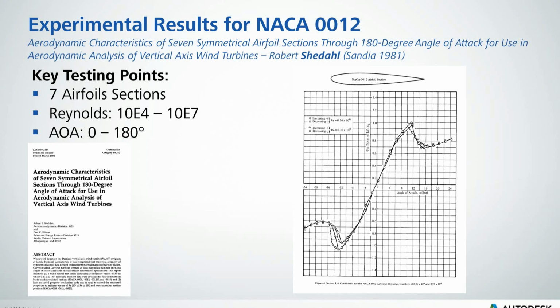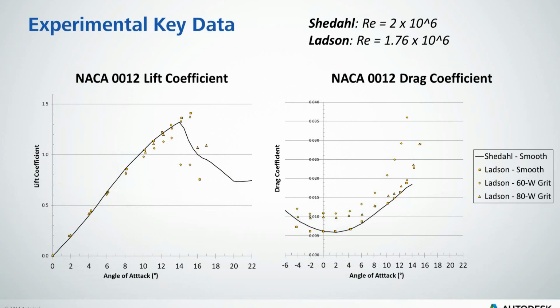So when you plot this test data, you have the Sandia and the Langley Labs results. We have 4 different plots: 2 for smooth and then 2 for the Ladson results for 60 grit and 80 grit. There are a few things I want you to realize.